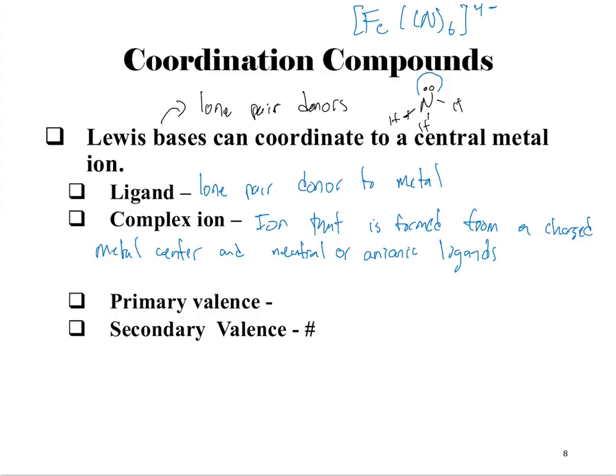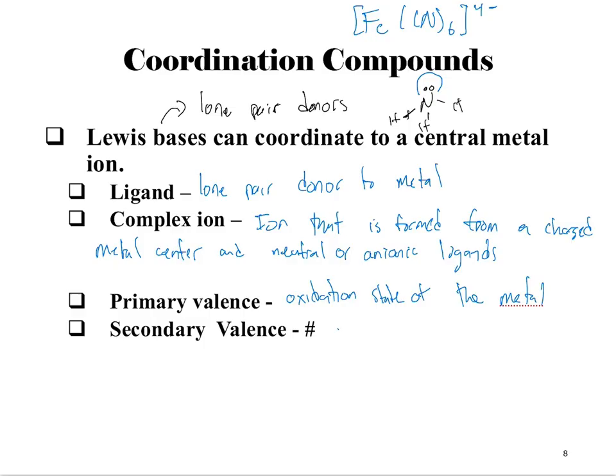And we have 2 different types of valence. When we talk about this, the primary valence of the coordination compound is the oxidation number, our oxidation state of the metal. And the secondary valence number is the number of coordinated ligands to that metal center.